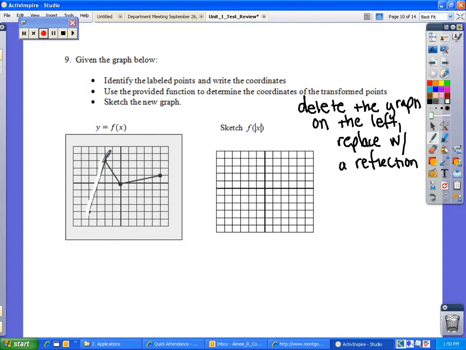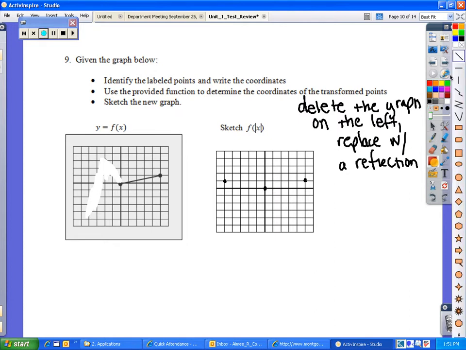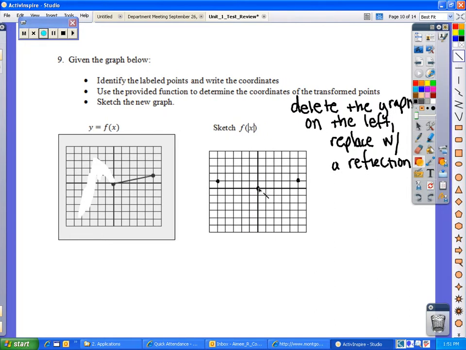That's going to not exist. Okay? So that's gone. And then what you want to do is reflect this onto the other side. So that leaves you with a point at 5, 1, and then reflecting on the other side would be negative 5, 1. And then of course the same point here, and then you're going to reflect that. So from here to here, that's your original, and then reflecting would look like that.